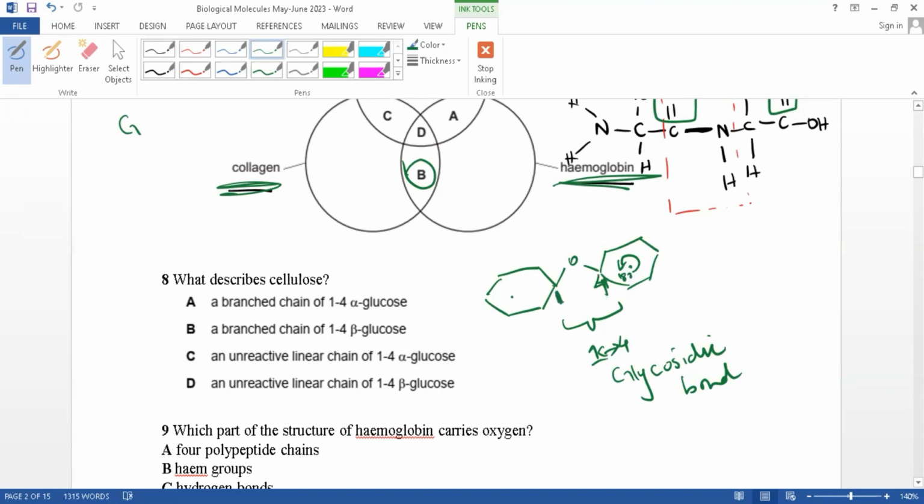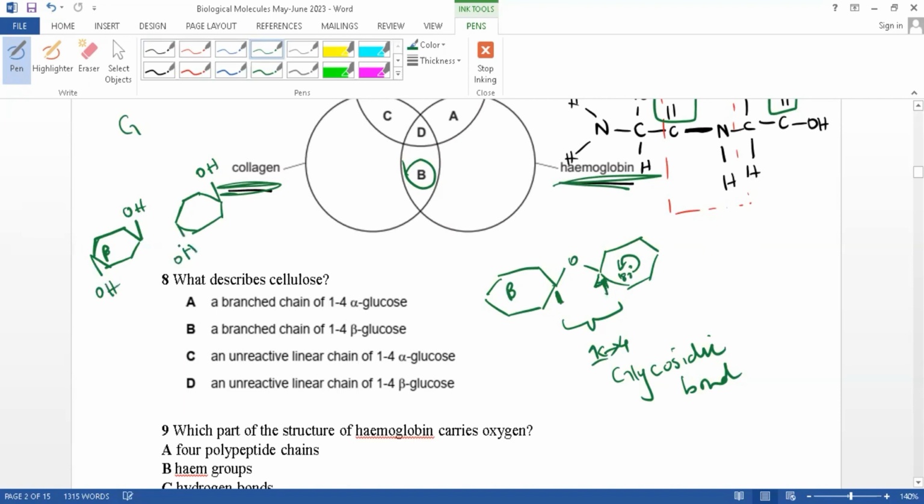Because in case of beta glucose, let me explain it to you in detail. In case of beta glucose, carbon number 1's hydroxyl is above the ring. So if we have two beta glucose, and in both, the hydroxyl of carbon number 1 is above the ring, but carbon number 4's hydroxyl is below the ring.